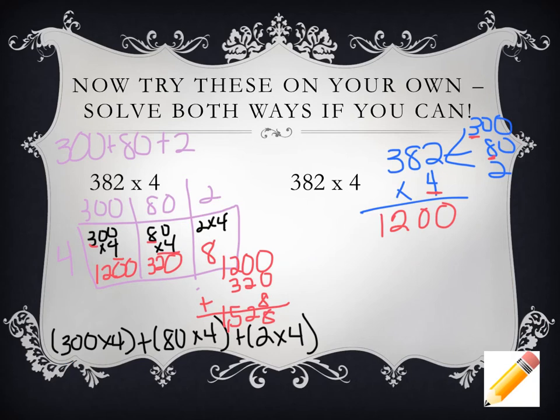Then 4 times 8 to get 32 with the 1 zero for the tens, 320. And 4 times 2 to get 8. I add those numbers one more time. 1,528.